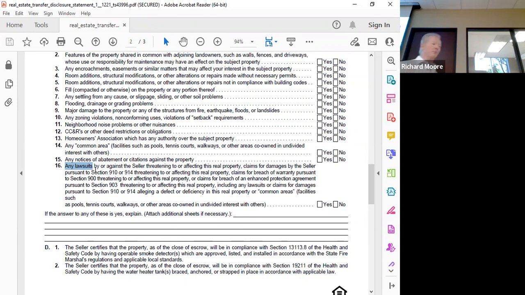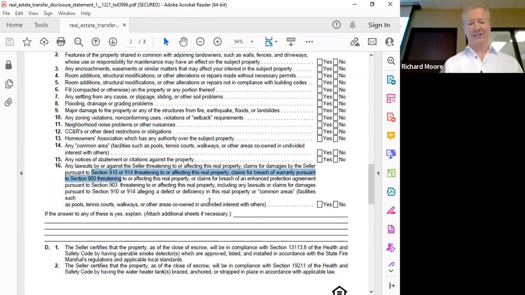So that's what it's talking about in regards to other potential claims, not just necessarily litigation. Construction defect is probably the best analogy I can give you in regards to understanding what that means. So keep that in mind when you're working with somebody who has a new home and they're selling that property.